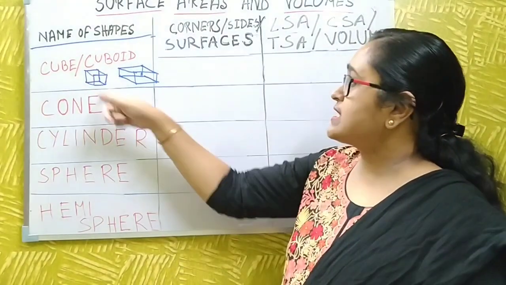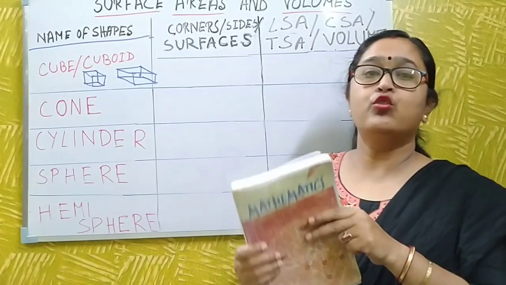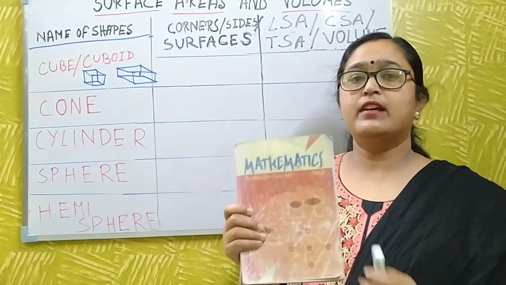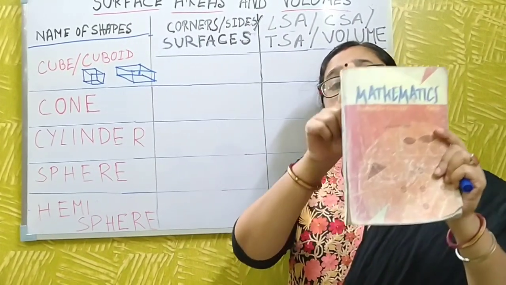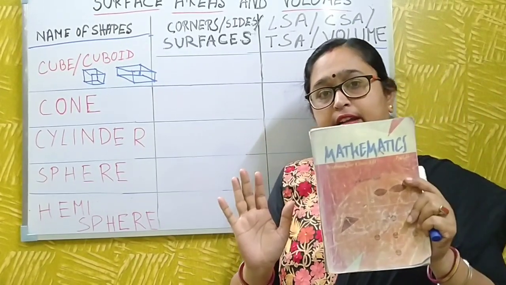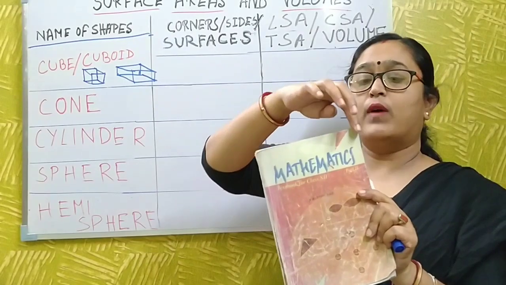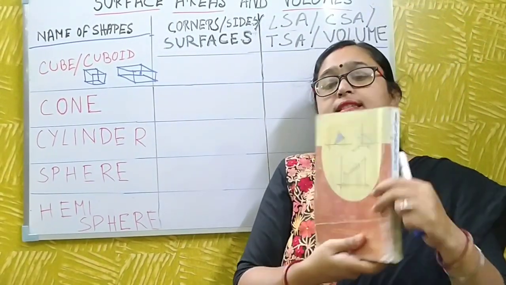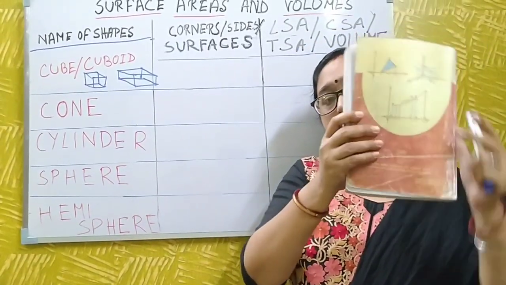Now how many corners are there? Such as this is a cuboid. How many corners are there? What is a corner? Corner means two lines meet here. This is called a corner. Here there are 1, 2, 3, 4 and the same at the back, 1, 2, 3 and 4.